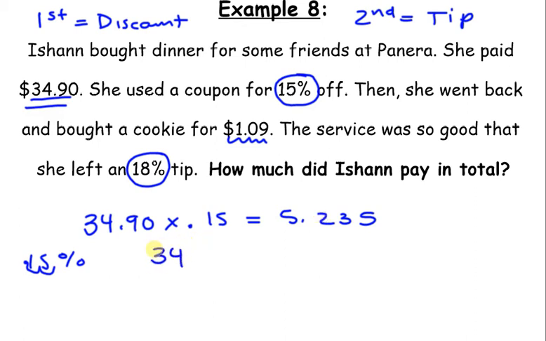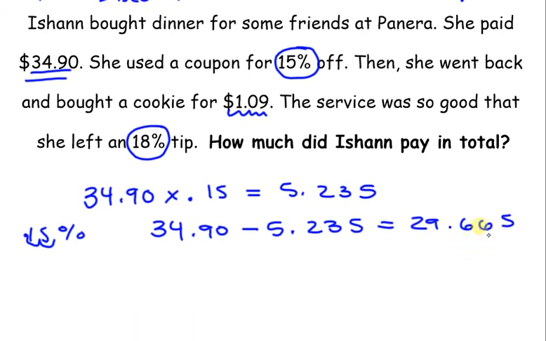So 34.90 minus 5.235. Go ahead and put that in your calculator. And you should get 29.665. Okay? So right now, this would be her bill with the discount. But we're not rounding because we're not at the end.